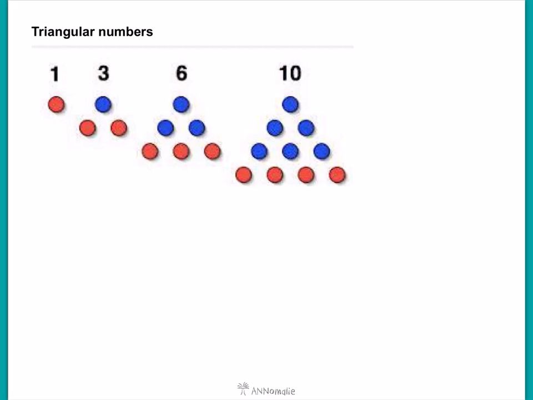Now, if we look at n plus 1 choose 2, that will result in, as we know, n plus 1 times n, and then we divide that by the number of arrangements, which is then 2 factorial. So that will be divided by 2 times 1.